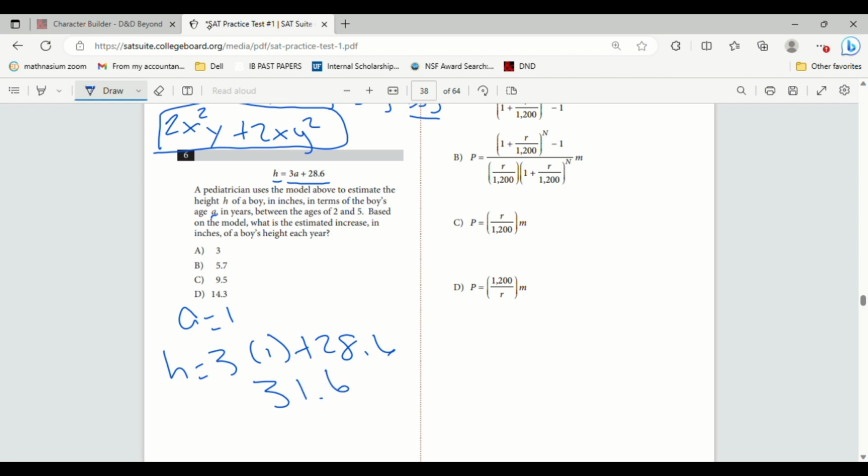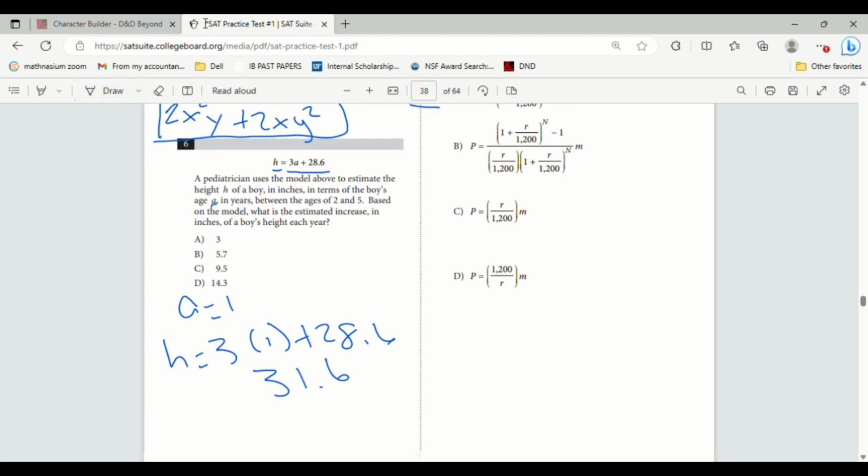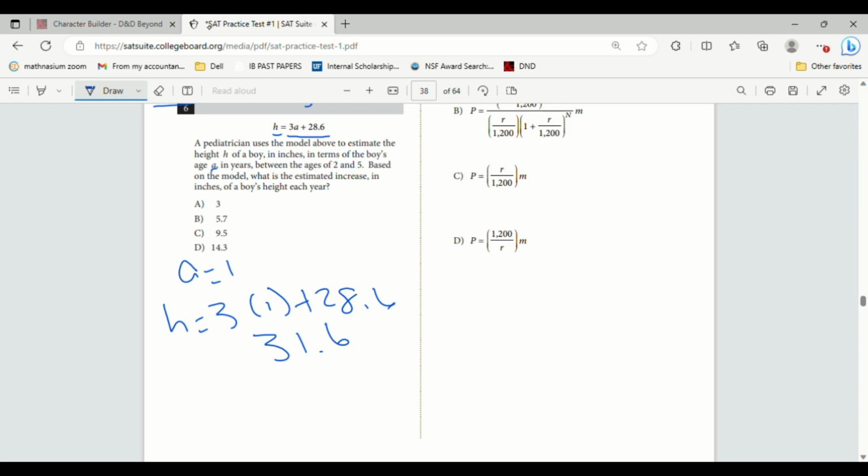Well, what if the boy was 2 years old? Now we have a equals 2. Well, h equals 3 times 2 plus 28.6. Now it's 6 plus 28.6, or 34.6.